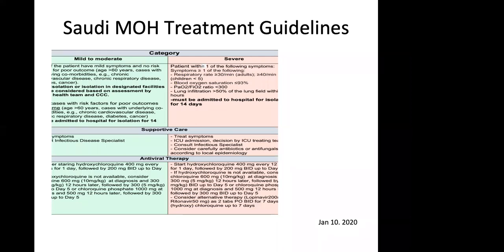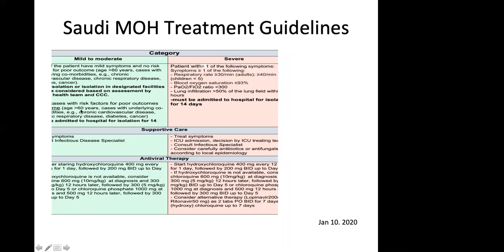And so in terms of treatment guidelines, again, this was published in January. For mild to moderate disease, the recommendation is to treat patients with hydroxychloroquine, and for severe disease, treat with hydroxychloroquine and consider alternative therapies such as lopinavir, ritonavir in patients that have high risk factors for mortality or factors related to poor outcomes.